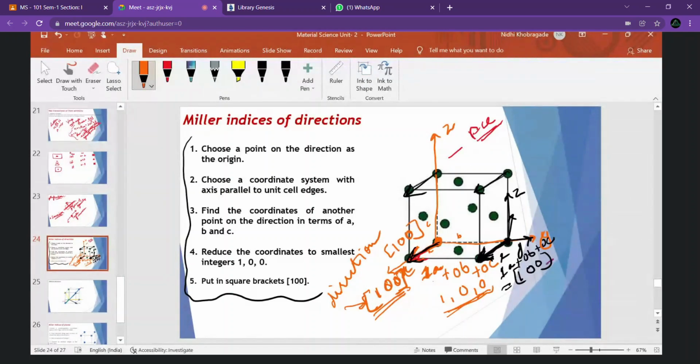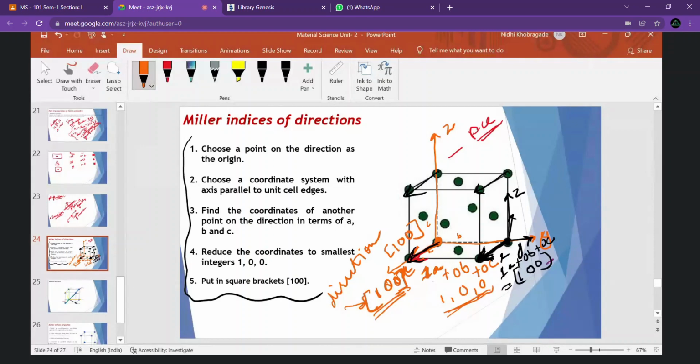Then we get the respective values on the particular axes a, b, and c, or the a, b, and c vectors, and those values are put into a square bracket. The square bracket basically represents the Miller indices of a direction.